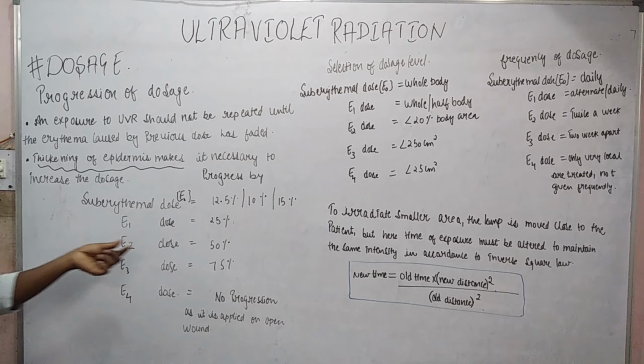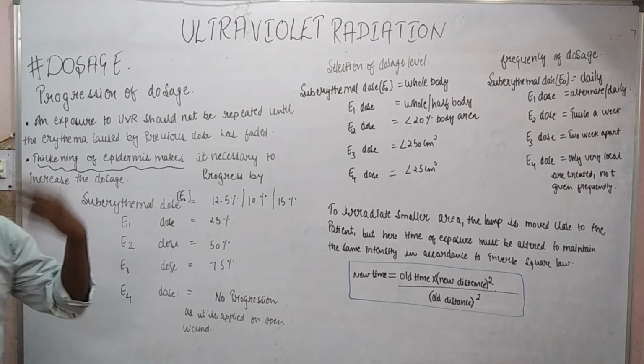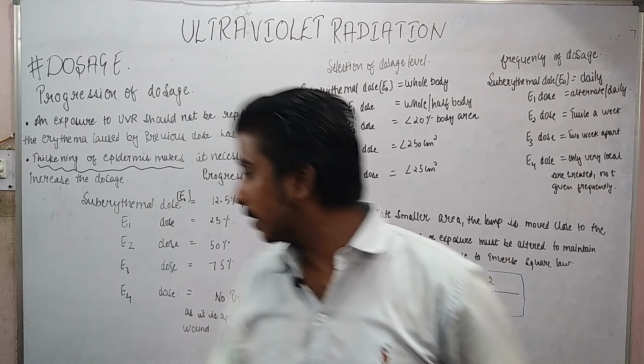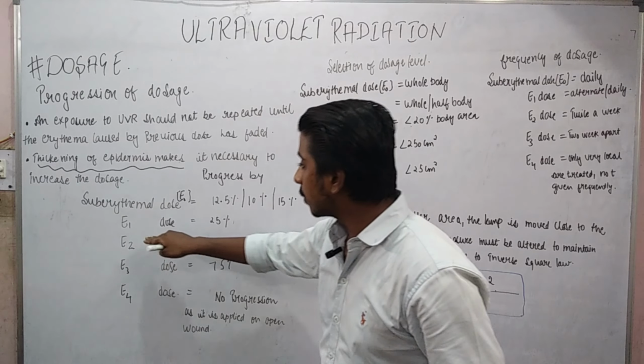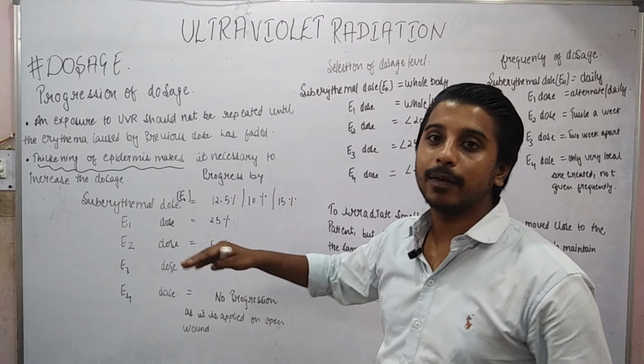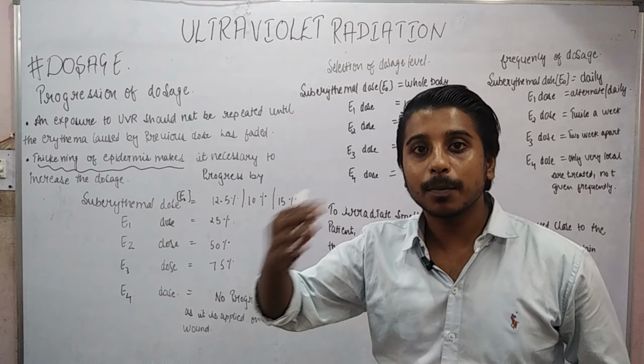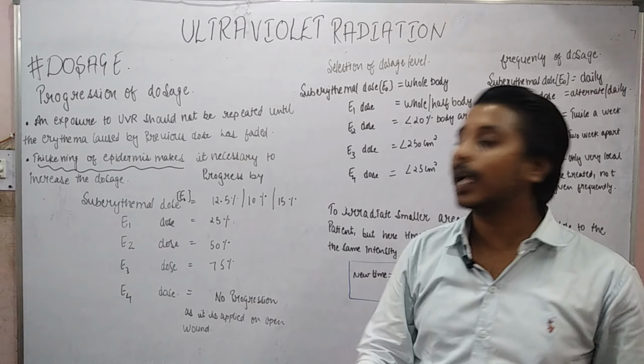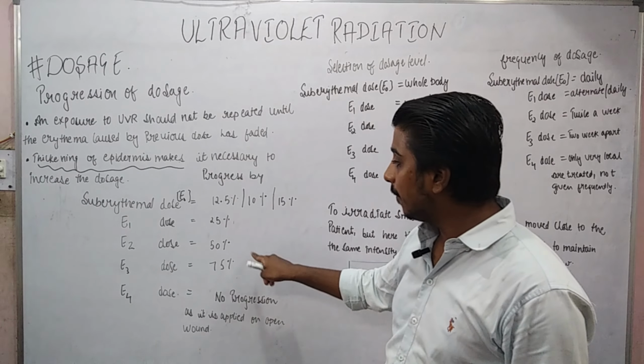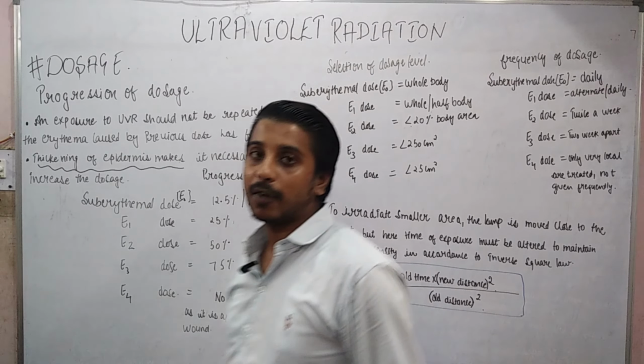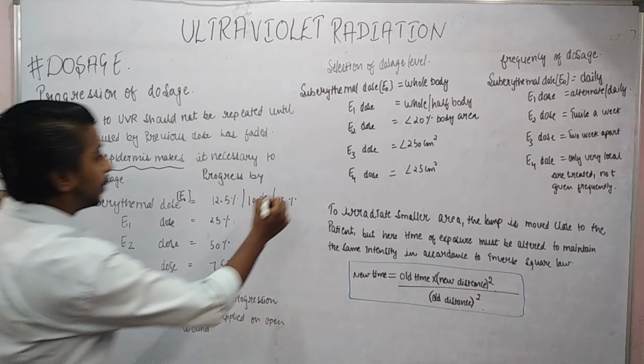For E1 25%, E2 50%, E3 75% of the previous dose we are going to increase. So the E1 dose is progressed by 25%: the previous dose plus 25% of that. Similarly, the previous dose plus 50% and plus 75%.